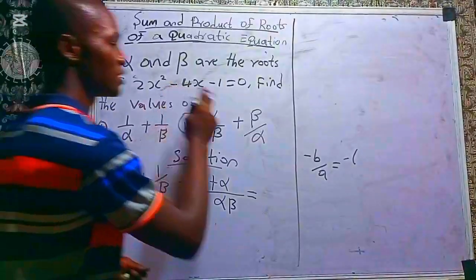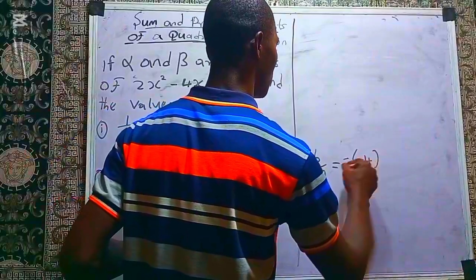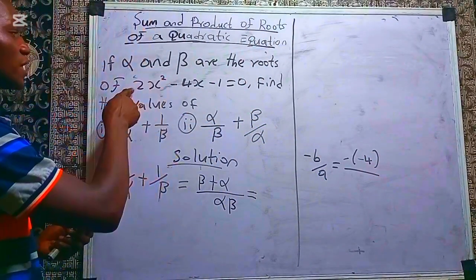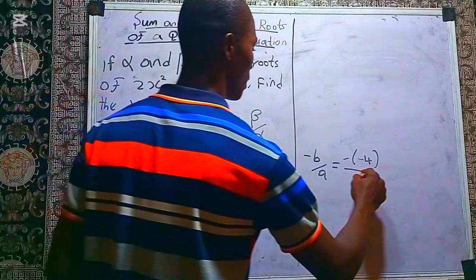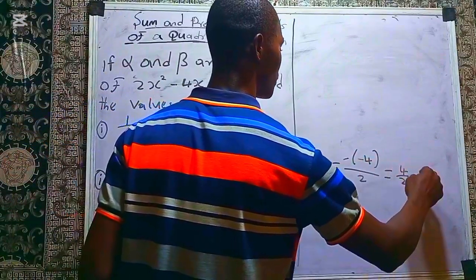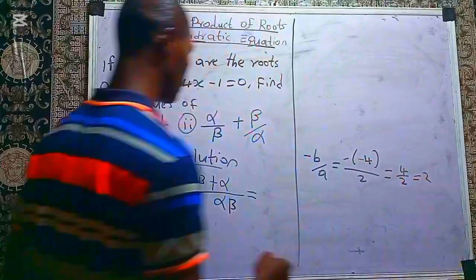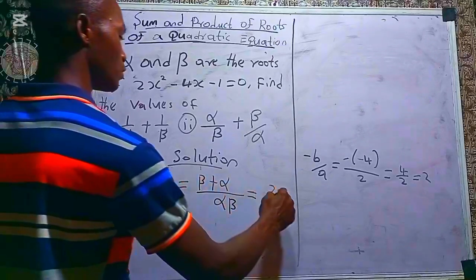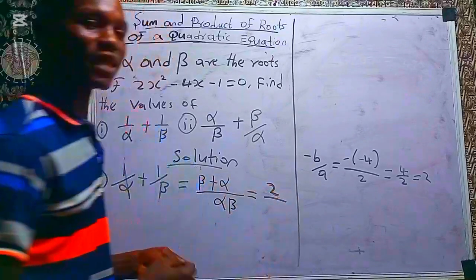What is the coefficient of x here? Negative 4, divided by, your a is the coefficient of x squared. The coefficient of x squared here is 2. So negative times negative 4 will give you positive 4 divided by 2, you get 2. So the sum of roots alpha plus beta is 2.